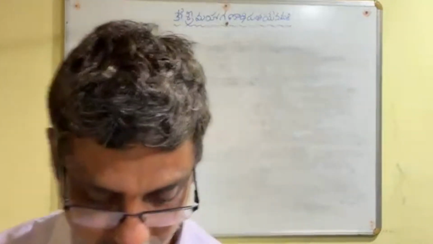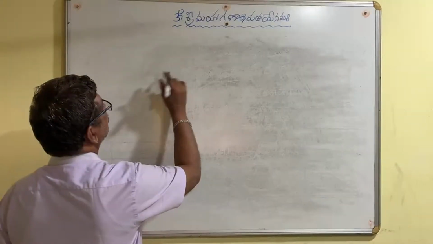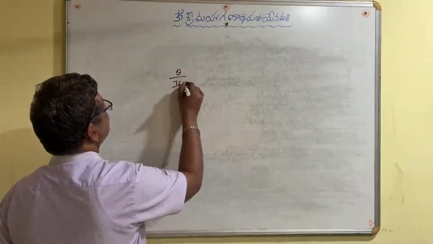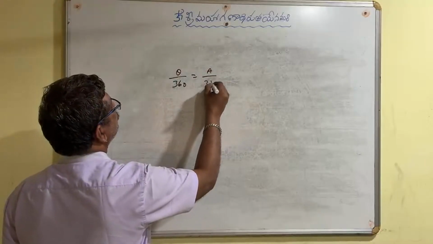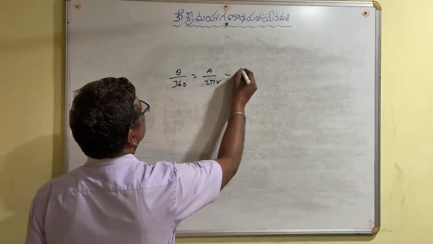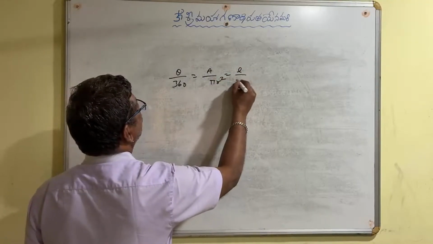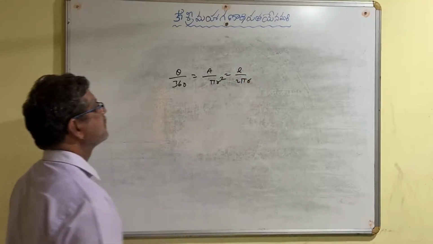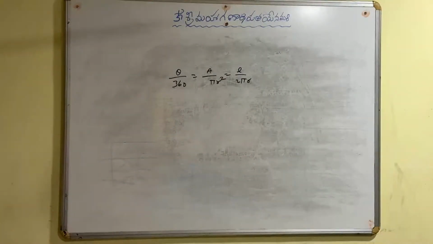Now, I'm giving you a relation over here. Theta by 360 equals A by pi r square, equals L by 2 pi r. This is the relation that exists between angle of the sector, area of sector, and length of the arc.